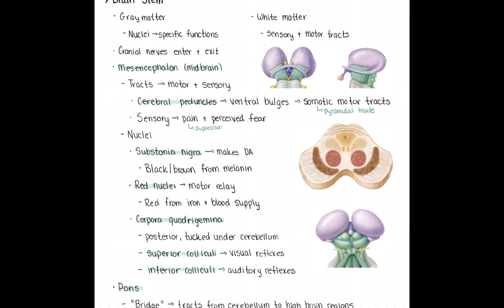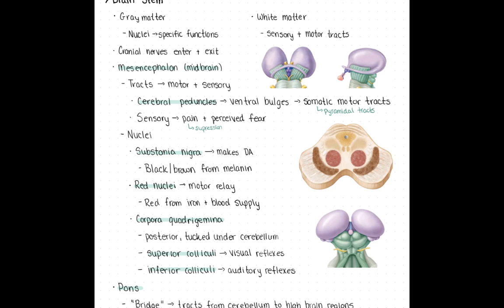If we do a transverse section through that midbrain, this is what we're going to be looking at. If we look from the top down at that cross section, this is what we're looking at. We have our cerebral peduncles, those big front bulges on either side. Those would match up to these structures here.